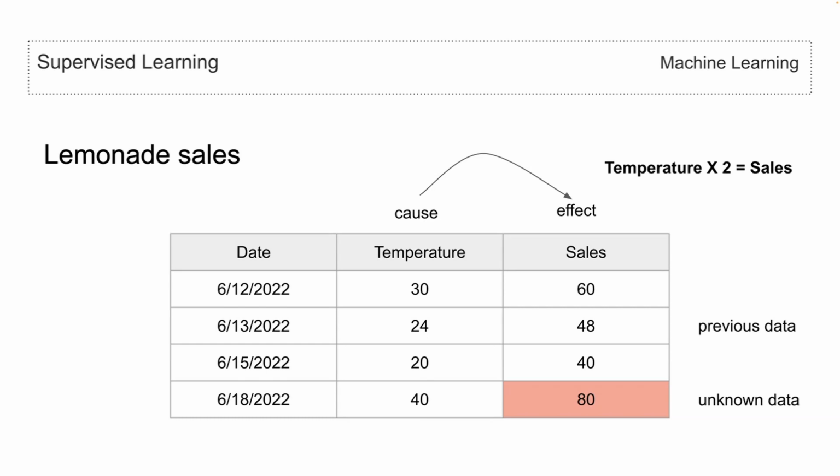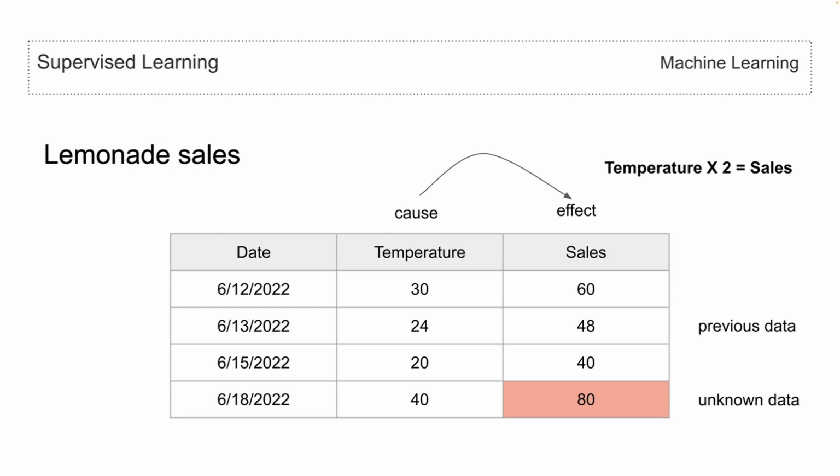If we see here, this graph gives you a cause and effect model. The cause is the temperature, and the effect is the sales. At 30 degrees, we have 60 sales. At 24 degrees, we have 48 sales. At 20 degrees, we have 40 sales. And at 40, we think it's 80 sales.